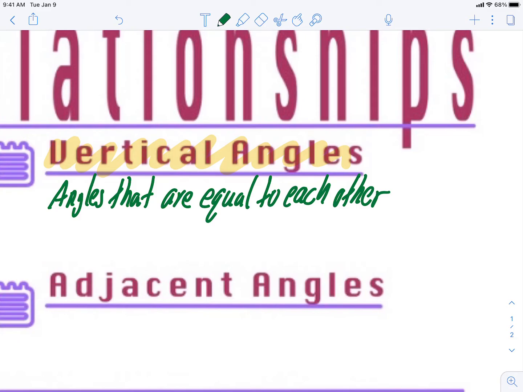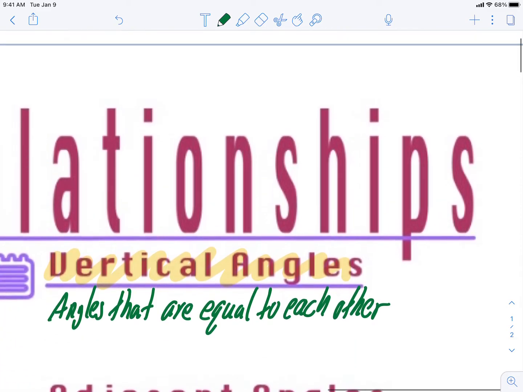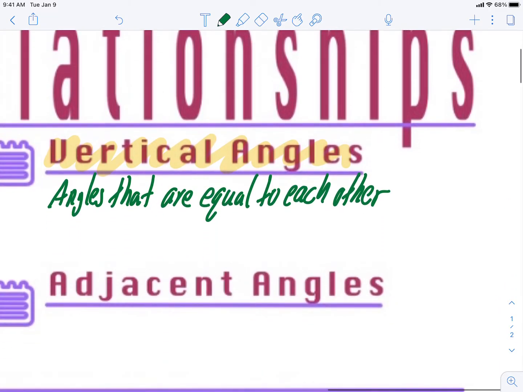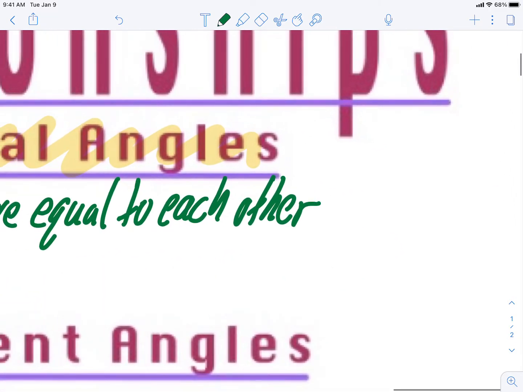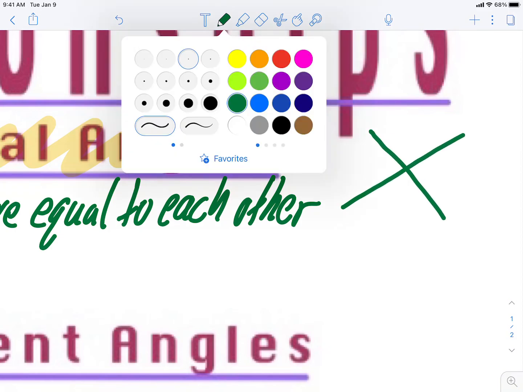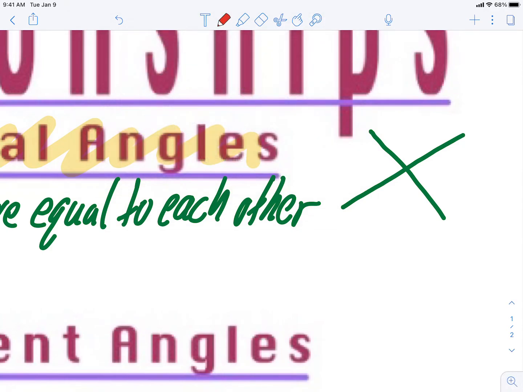Now, the way I like to identify them is with an X. They are across from each other on an X. For example, if we have one line here and one line there, this angle here is vertical to the other red angle there.